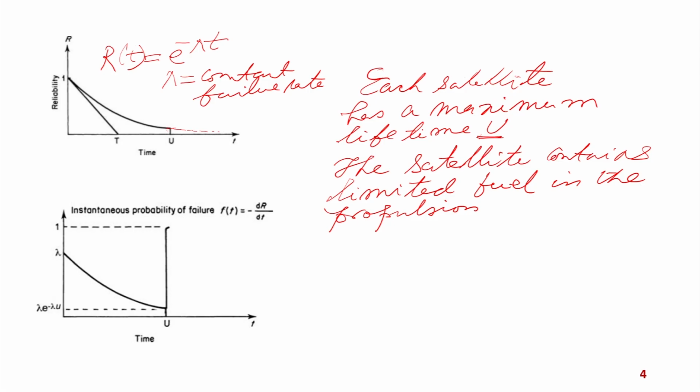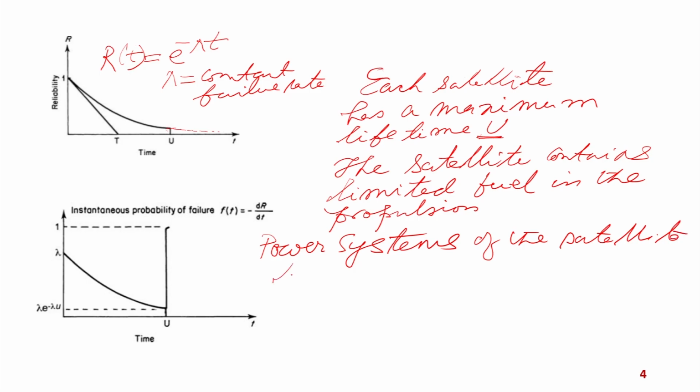This is not only for the propulsion system, it can happen with the power system. When the solar power system gets degraded, it also cannot operate for an infinite period. It can operate for a certain period. After that, the efficiency of the solar panels will be so low that you do not get the requisite power to operate the satellite.